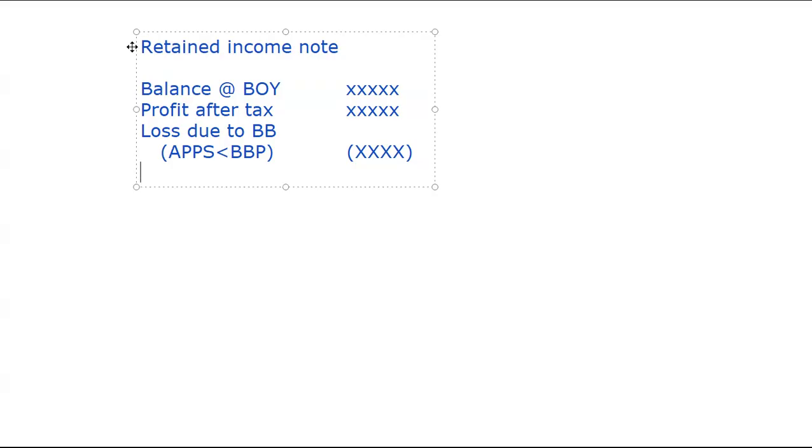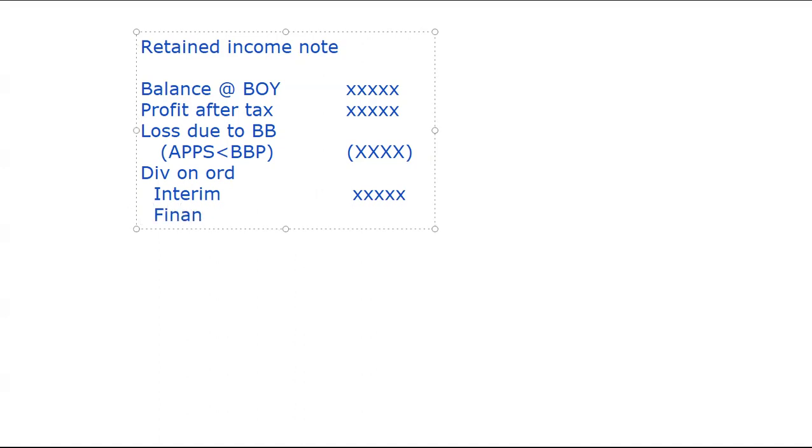And then we're going to have your dividends on ordinary shares. Okay, we're going to have dividends on ordinary shares. And dividends on ordinary shares is made up of two things. It is made up of your interim dividends. Now, your interim dividends are declared and paid, right? And you're going to have your final or recommended dividends.